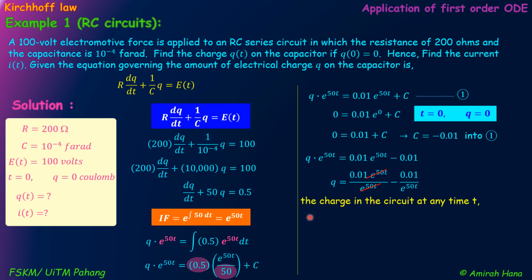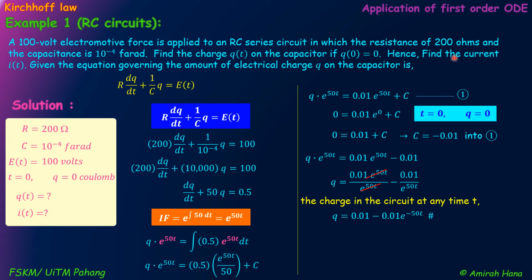So we can write the charge in the circuit at any time t: q equals 0.01 minus 0.01, after we move up, multiplied by e to the power of negative 50t. This is q, which is the charge in terms of t. This is the answer for q(t) here.